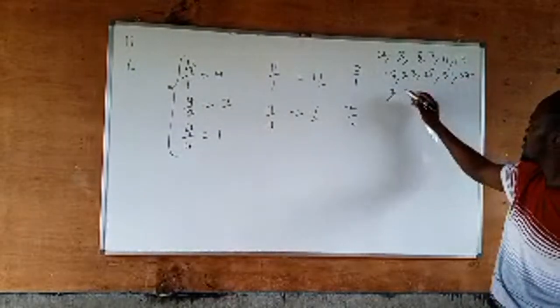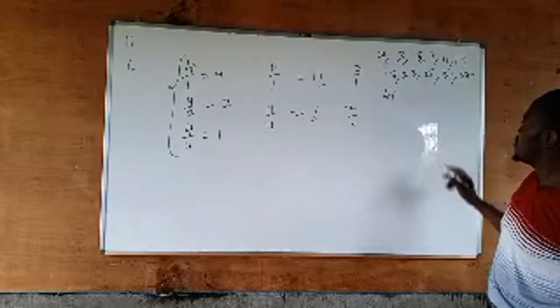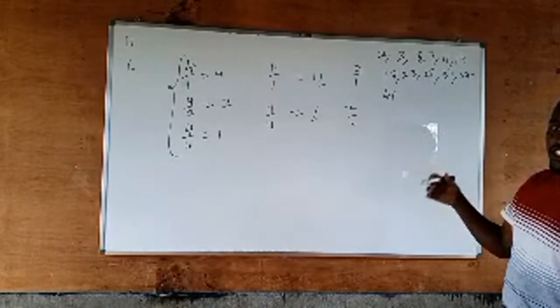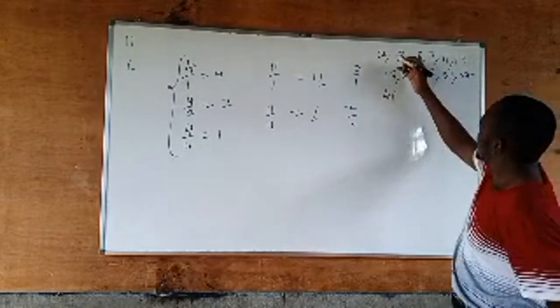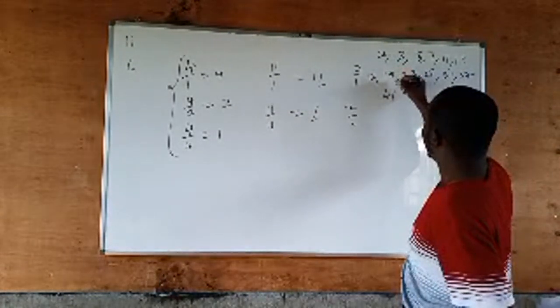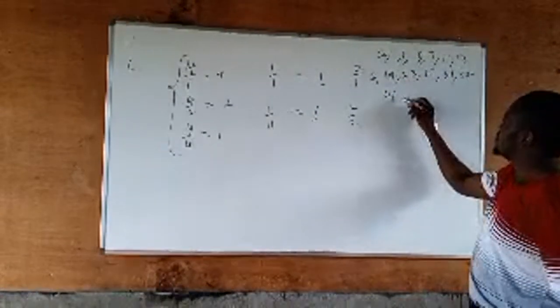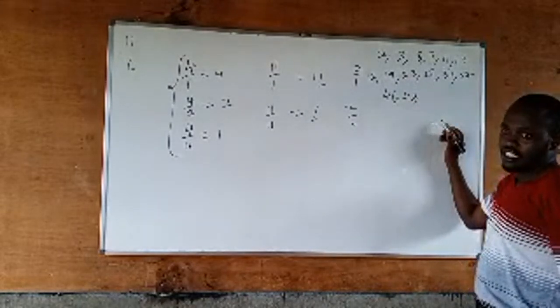Things like 39 deceive people. 41, I wonder why we skipped 19. Oh yeah, there is 19. So there is 17, then 19. 41, 43, 47.